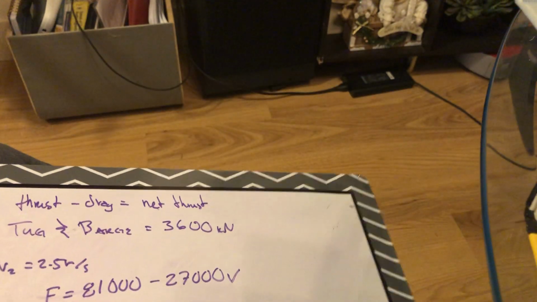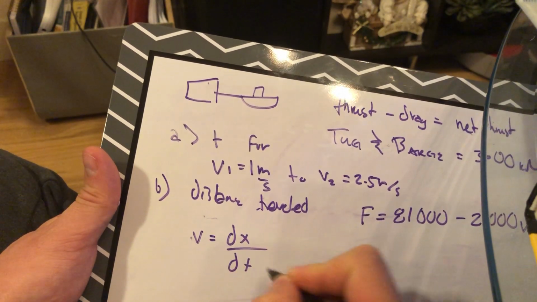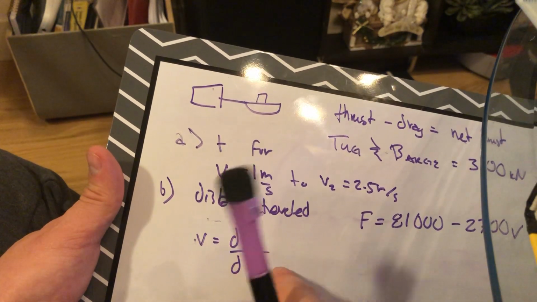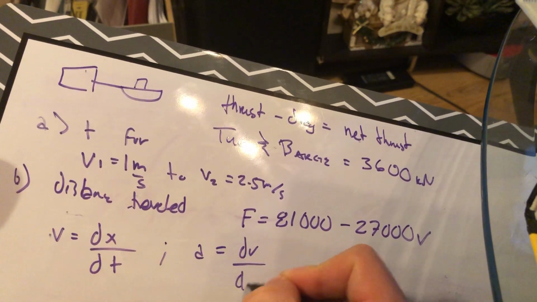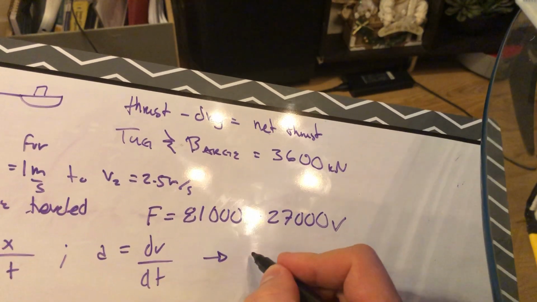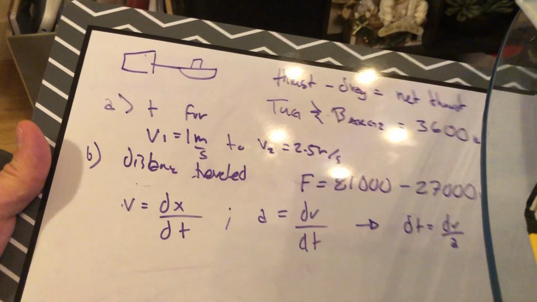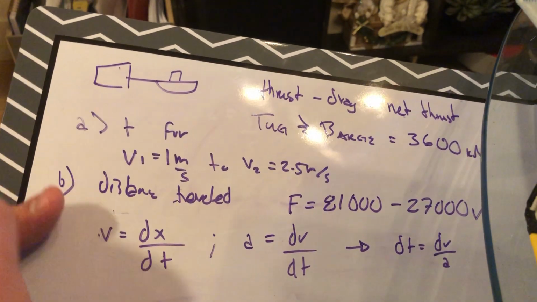Now for the distance traveled. We know our terms, right? Velocity is related to the change in distance over the change in time. We also know that acceleration is the change in velocity over the change in time, and we can further manipulate that to solve for dt. So sub this term in so that we get a v dv term.